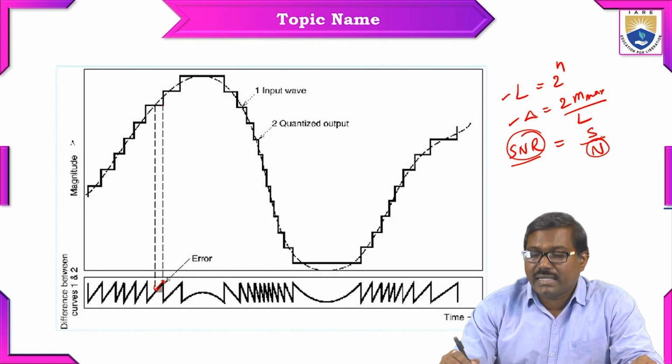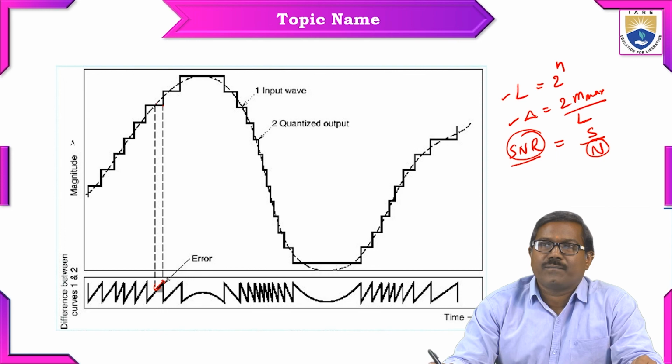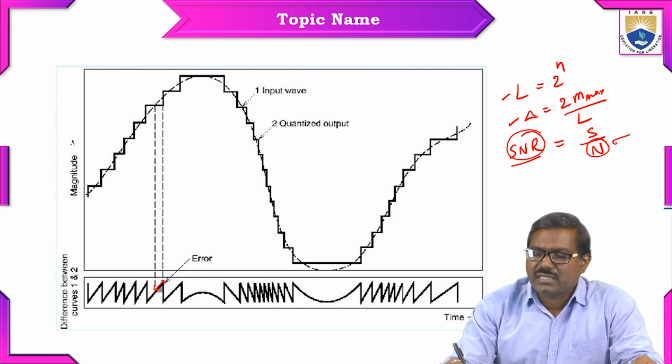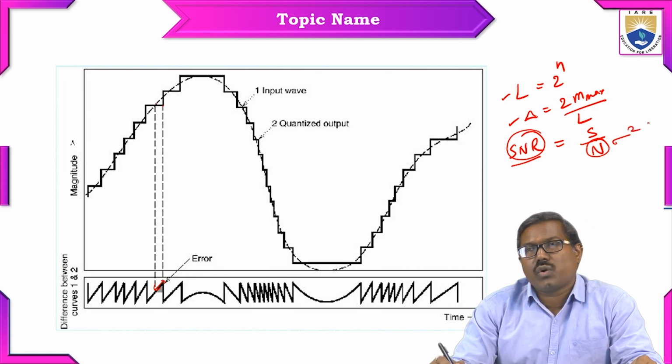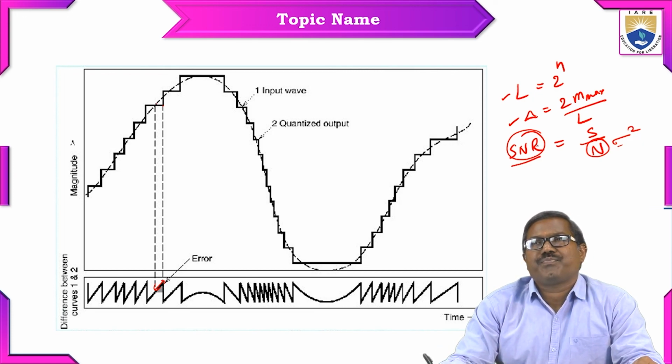But here N is the quantization noise, which is shown as sigma square. So here we are going to find the sigma square and substitute it in SNR. Then we are going to find what is the SNR of PCM.